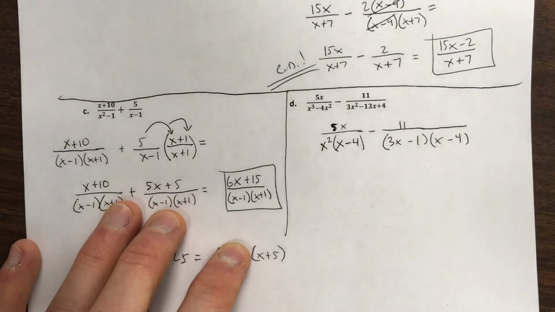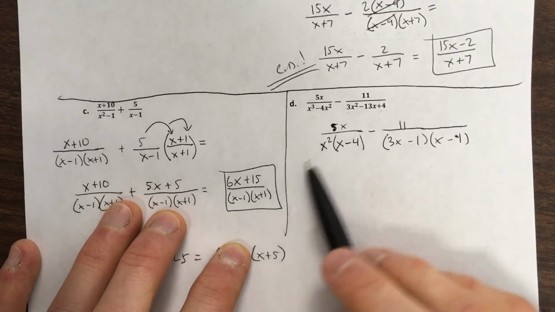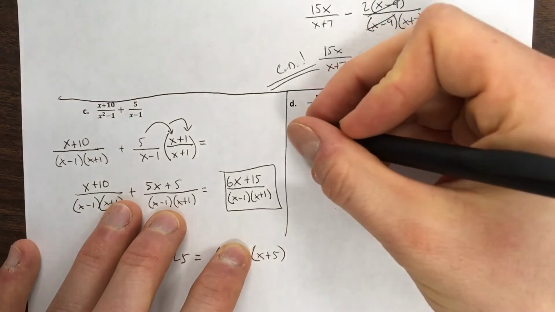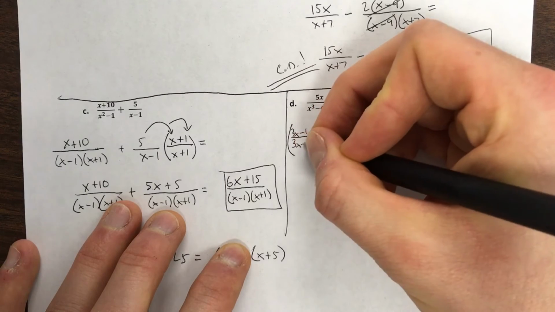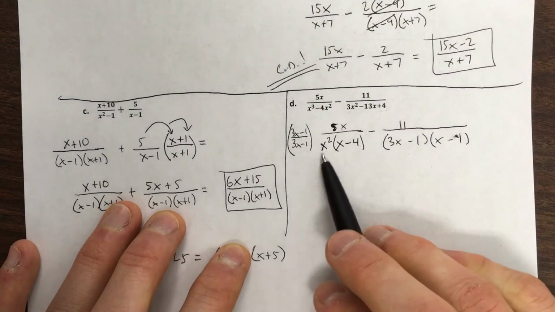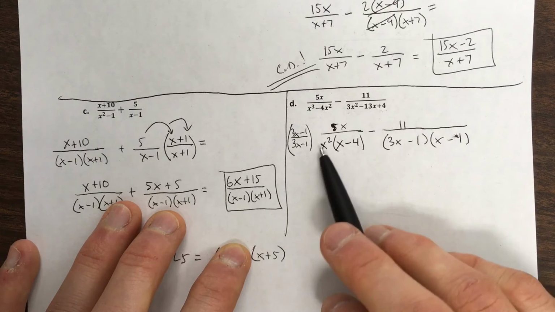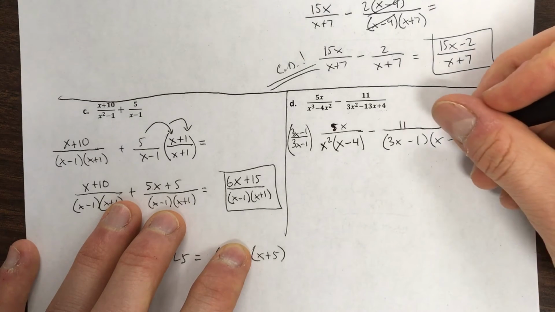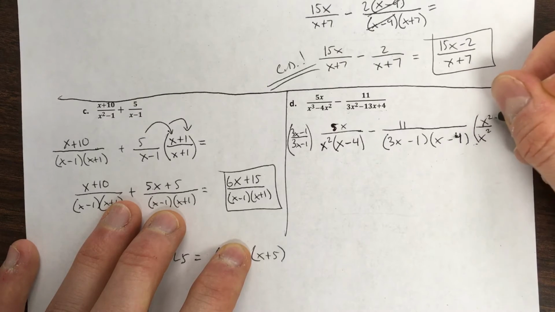Now hopefully we notice we're close. We have x minus 4, x minus 4. What we need to give this side is a 3x minus 1, so we can do that. Because if this has 3x minus 1 in the denominator, then we're close, as long as this side has x squared. And we can give that x squared over here.